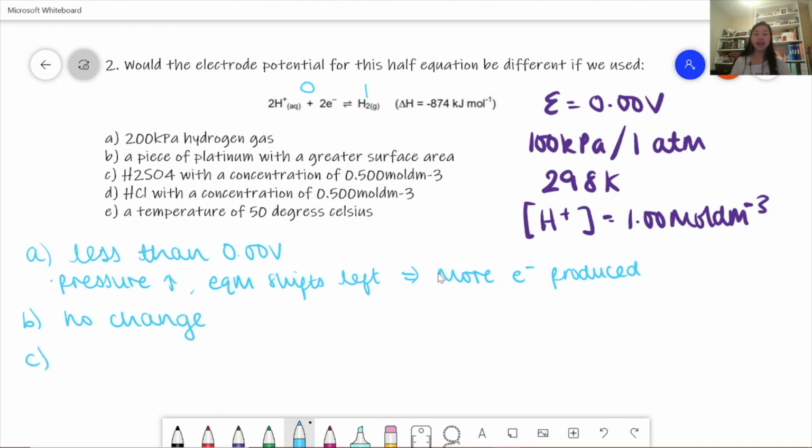For C, if we use sulfuric acid with a concentration of 0.5 moles per decimetre cubed, because sulfuric acid has two atoms of hydrogen, the concentration of H plus ions in H2SO4 is 1, because there's 2 of them, and so there'll be no effect on the EMF.